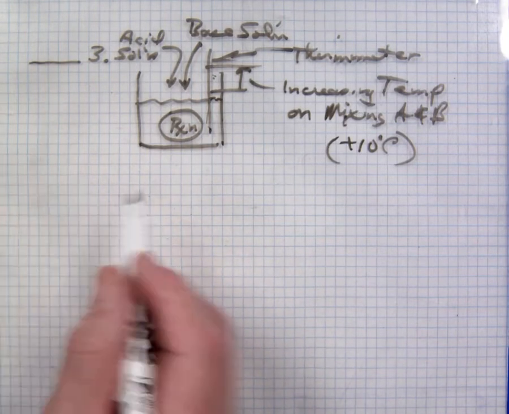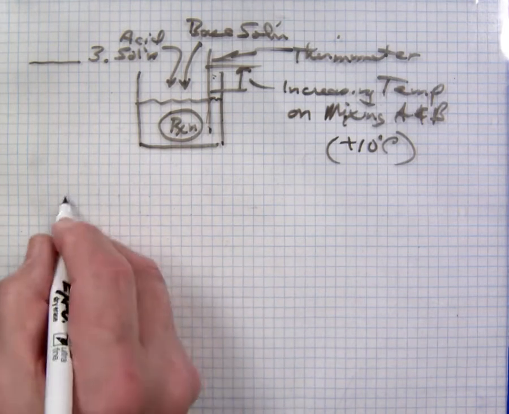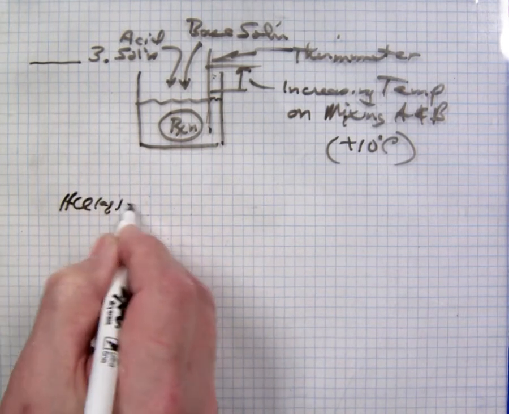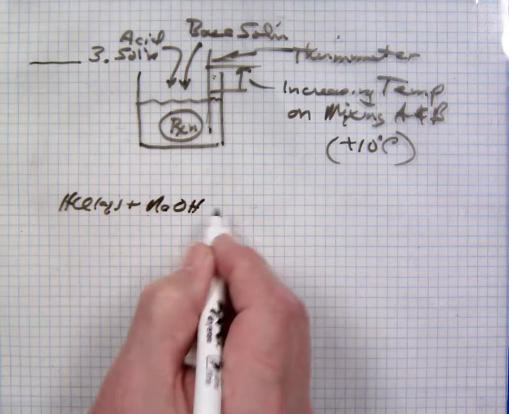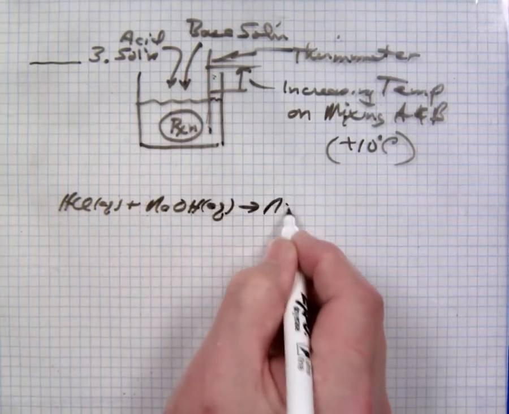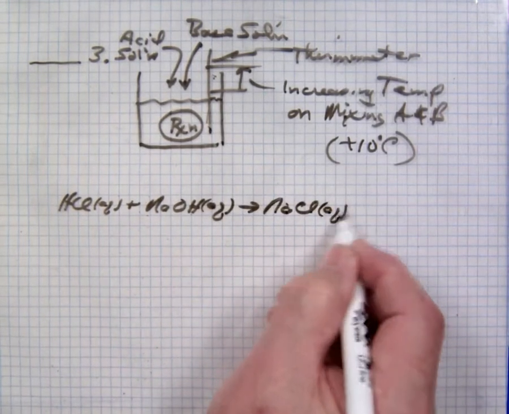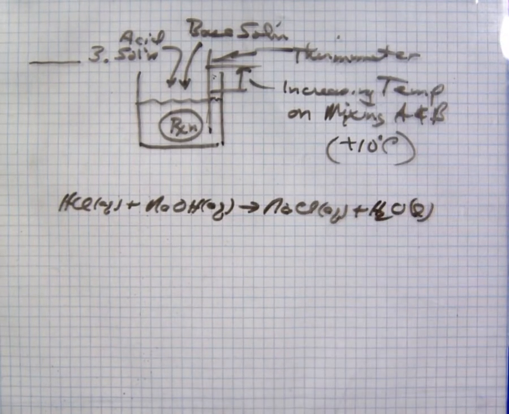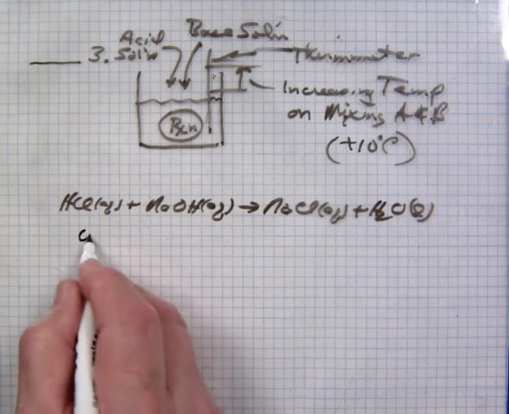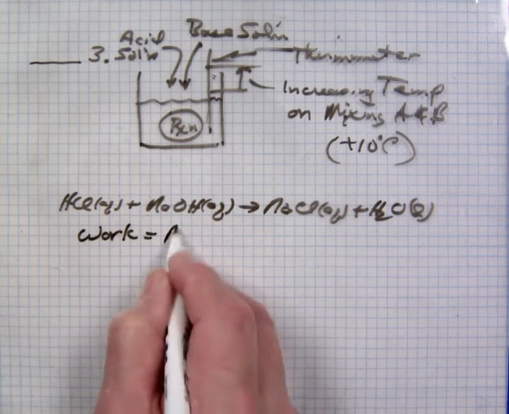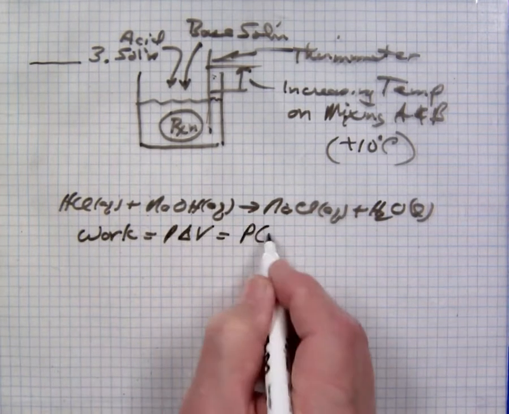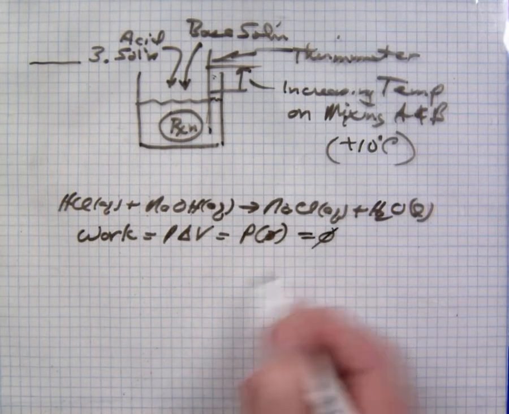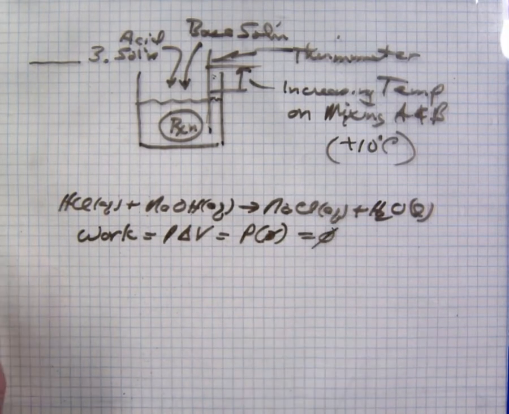Closed system. So say HCl aqueous plus sodium hydroxide aqueous goes to NaCl aqueous plus H2O liquid. Since there's no volume changes in the system, that is expansion or compression because of gases, then work, which equals P delta V, becomes P times zero, which is of course zero, and so work doesn't come into it.